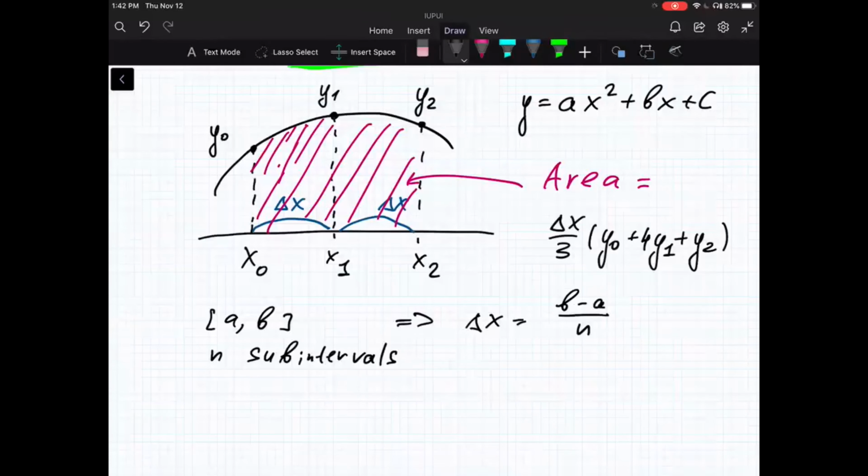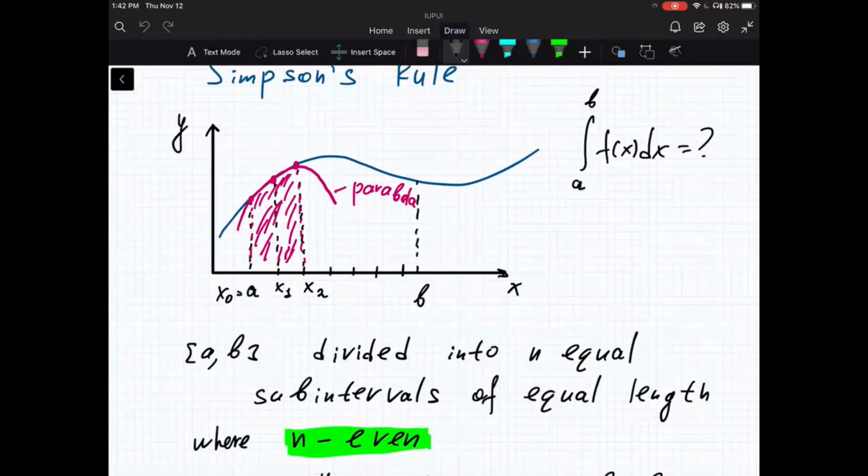And so we can calculate this area under the parabola passing through these 3 points, and that will be our approximation of our curve on the interval from a to x2.